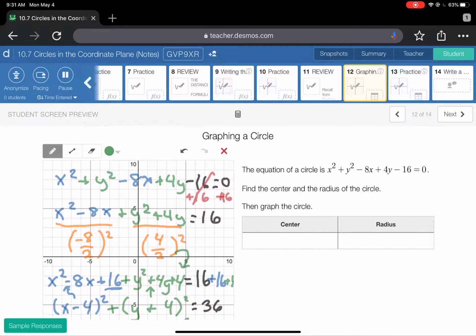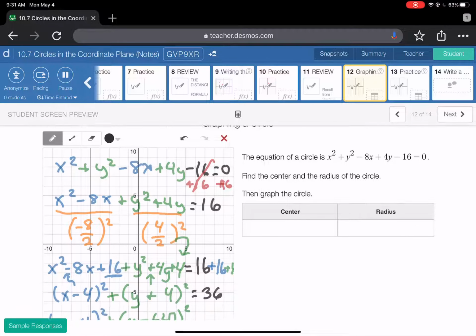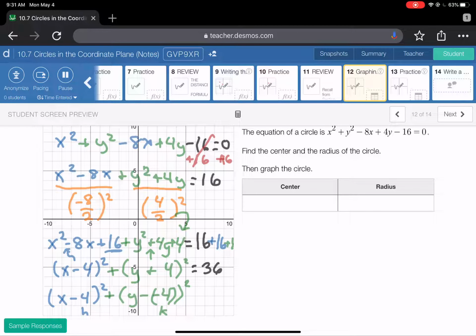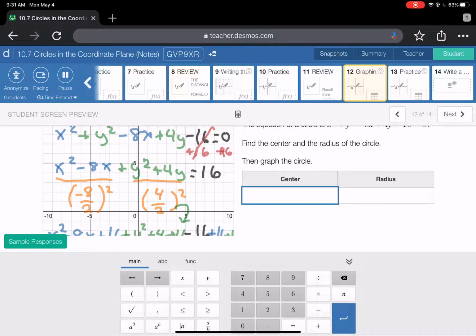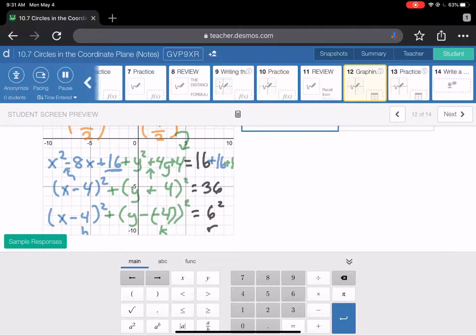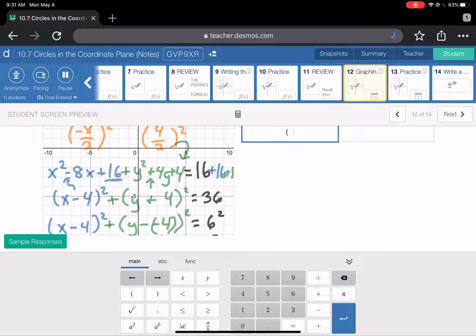And then the last one is I need to find the radius. The radius is not 36. The radius is whatever number raised to the power of 2 gives 36. So that's going to be 6. And this is r. Okay, so our center is positive 4, so it's the opposite of whatever's in the parentheses.